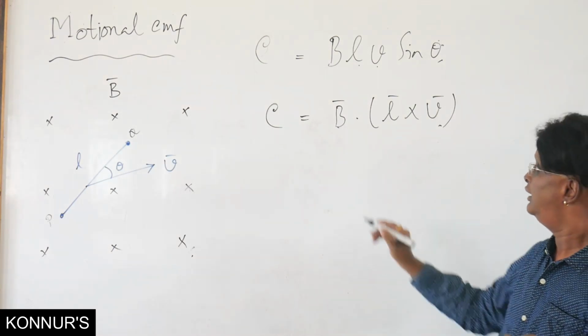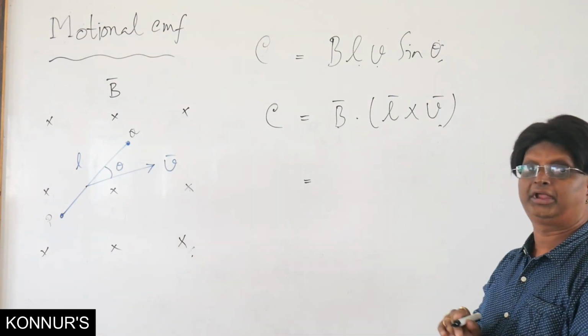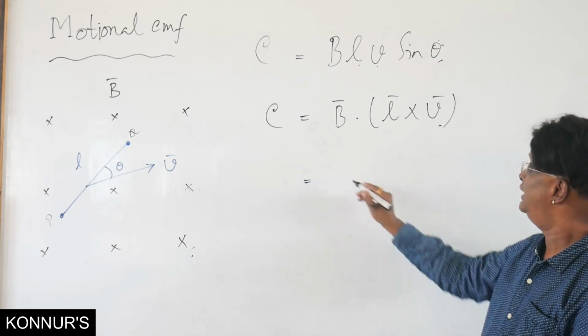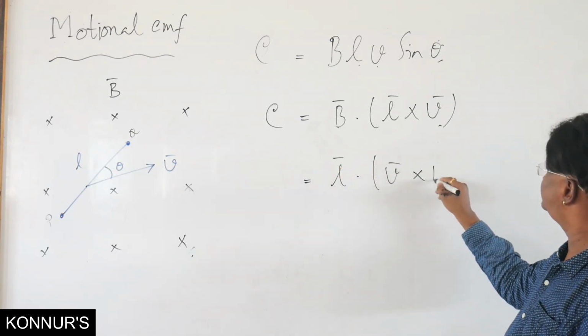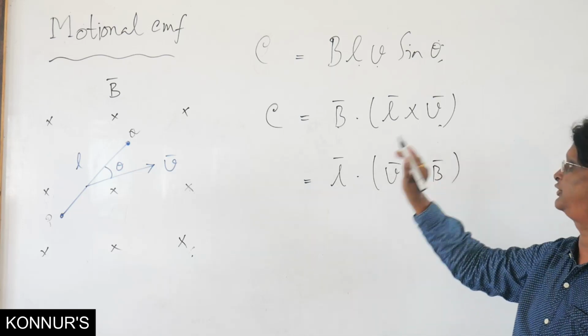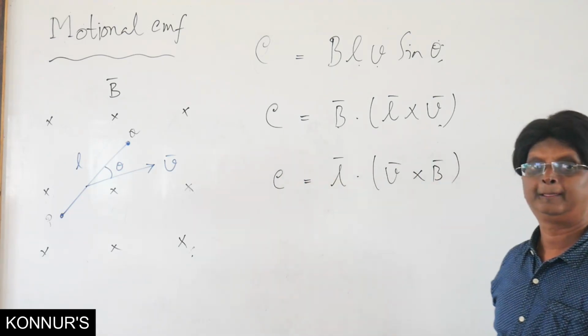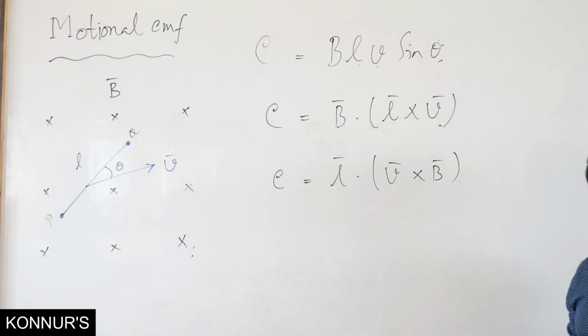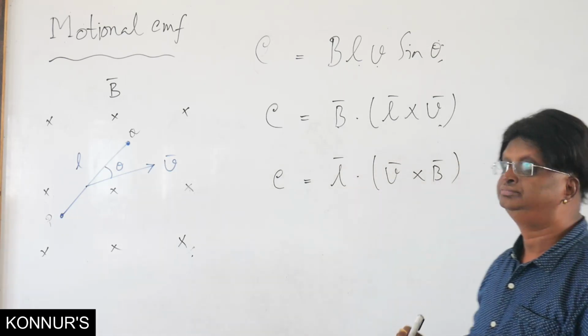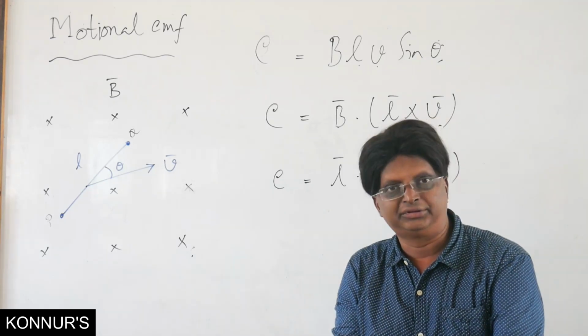Order is important, or it is the same dot product. I will also write it as L bar dot V bar cross B bar, which is also the same expression. Both will give you the same. So this is how we take it as a triple product. This gives the BLV sin theta expression.